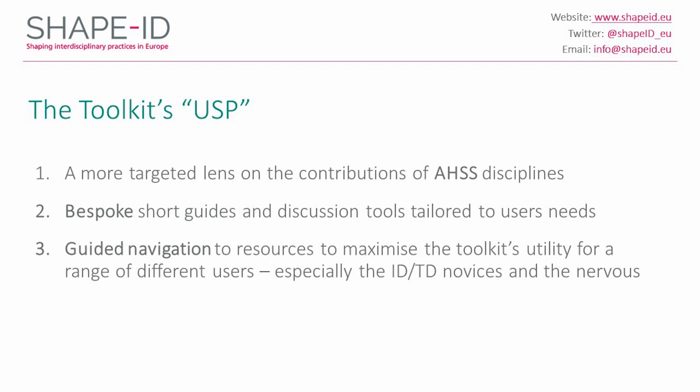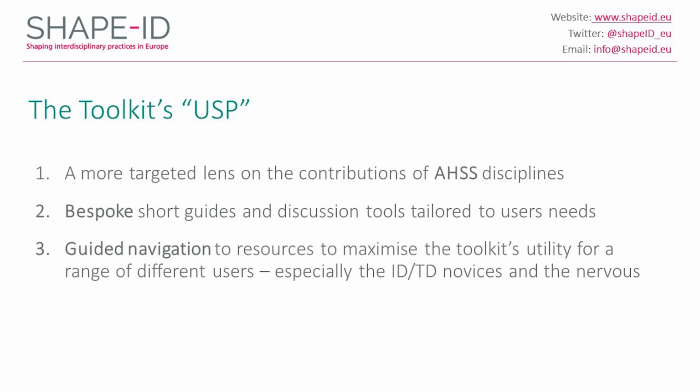So, as I said, we provided a more targeted lens on arts, humanities, and social sciences disciplines. The thing that we didn't expect to do was provide bespoke materials for the toolkit.